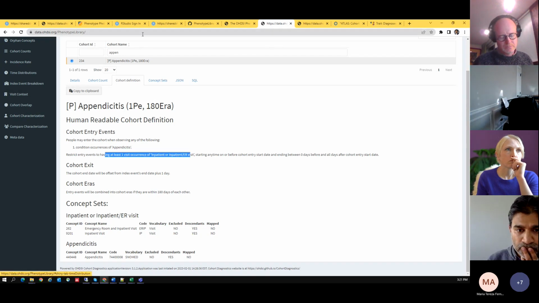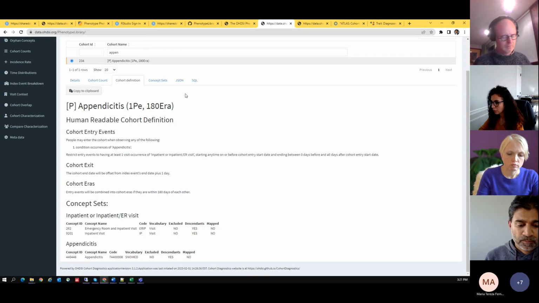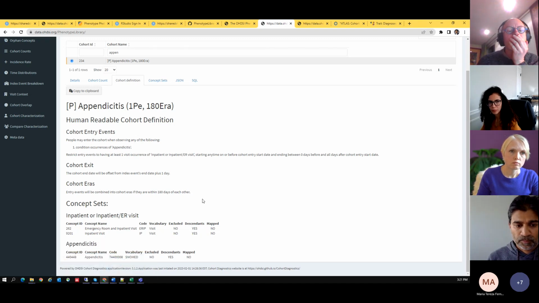You can't simply rely on the care site code. You actually have to rely also on the GMDC procedure codes. If your ETL didn't consider that, then you're going to miss a lot of ER visits in GMDC.